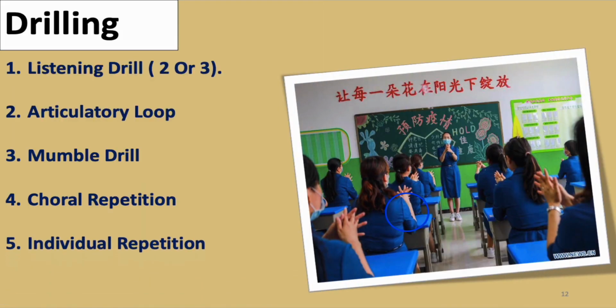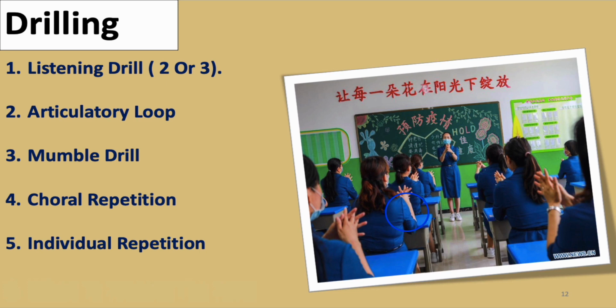So as we talked about drilling, the students need to listen to the teacher repeating the word or the target vocabulary 2 or 3 times. So the teacher is going to repeat. Then second, the students need to practice. So the teacher will provide a model pronunciation. Then the students can practice. How can they practice?